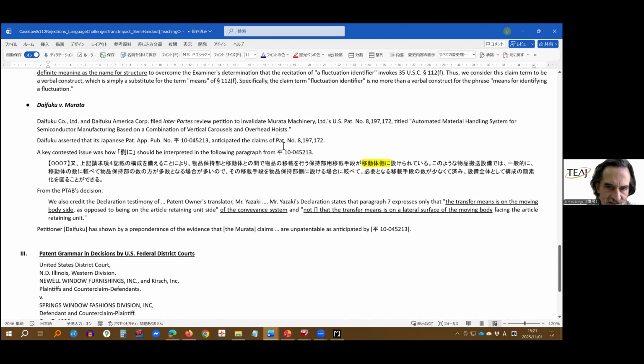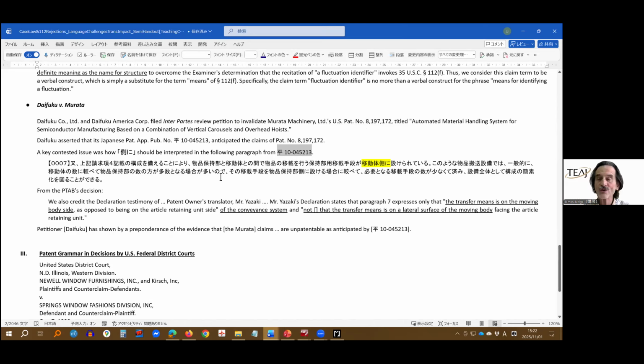1045213. This is an application. And they had a specific paragraph in there that they felt provided grounds for anticipation, not obviousness, but even anticipation, that this patent application anticipated Murata's patent. And what is another interesting thing here is that this Japanese patent has no corresponding US patent.